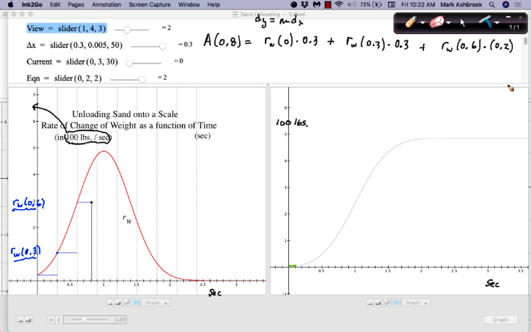This is the general structure of the approximate accumulation function. We use m dx for every completed interval, and then a little bit more change for a partial interval, or the current interval.